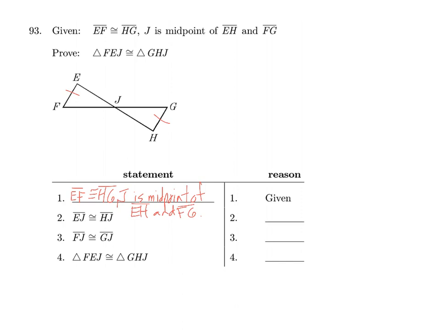Then it says EJ is congruent to HJ. Well, I know J is the midpoint, so that's just the definition of midpoint here. And FJ is congruent to GJ. That's just the definition of midpoint. And now I know the triangles are congruent by what shortcut? SSS.